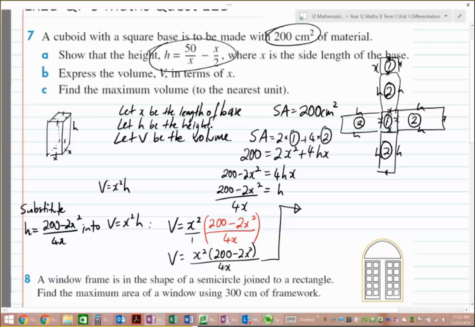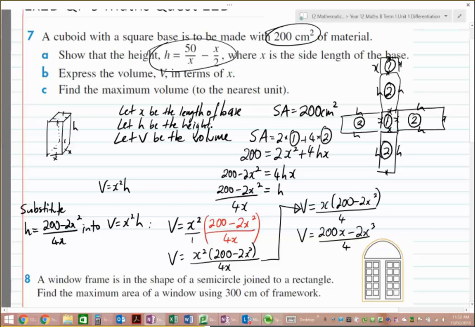Which I can then write as, cancelling the x squared with an x on the bottom, just x times 200 minus 2x squared all over 4. Can do the expansion on the top line, 200x minus 2x cubed all over 4.